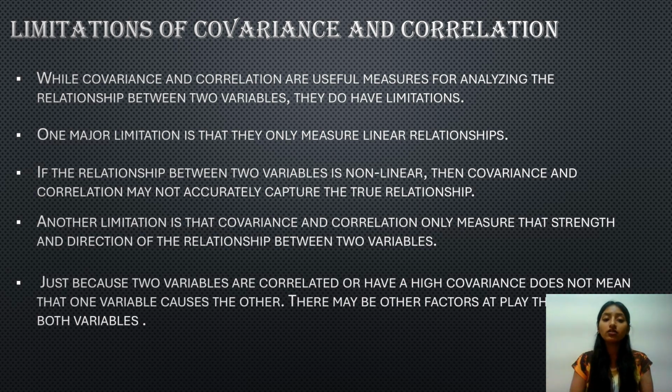Another limitation is that covariance and correlation only measure the strength and direction of the relationship between two variables. Just because two variables are correlated or have a high covariance does not mean that one variable causes the other. There may be other factors at play that influence both variables.